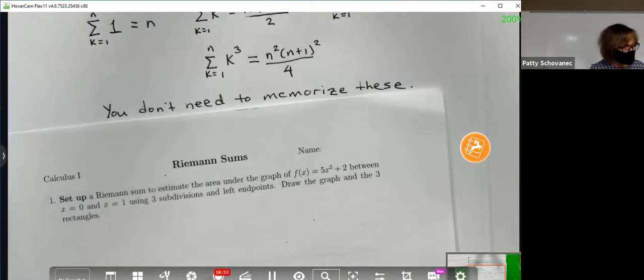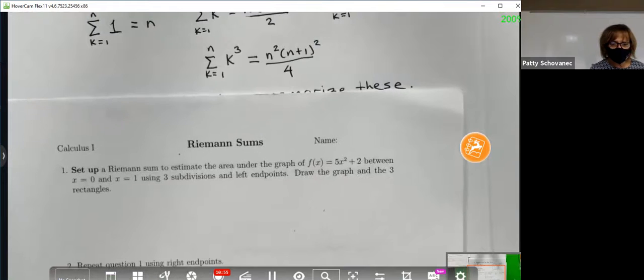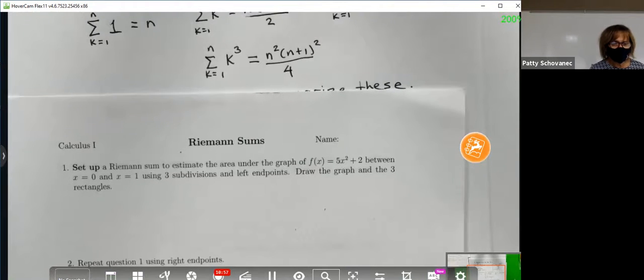Exaggerate your graph because we're just looking at the interval from 0 to 1. Then I want you to make 3 subdivisions and compute the sum of the areas of those 3 rectangles. And that is going to be our first approximation. So I'm going to do it on the piece of paper that I have underneath this, because I'm going to write large.